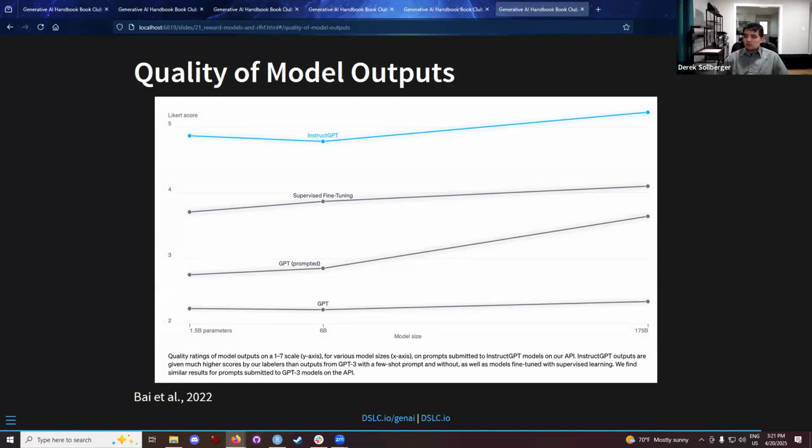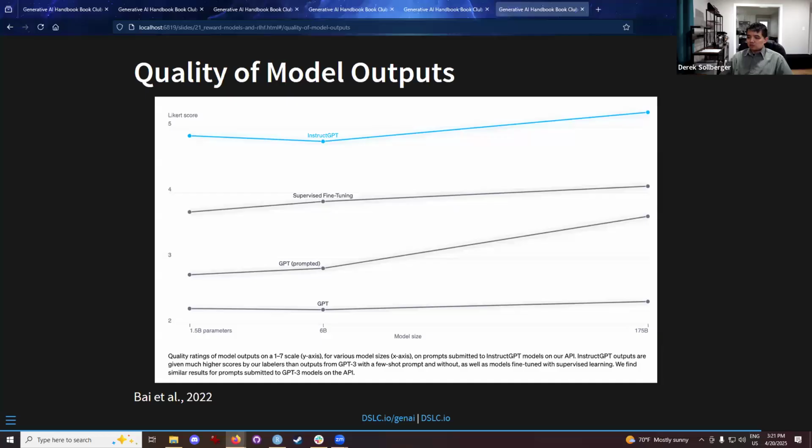Now, when we look at the quality of the model outputs, literally what the chatbot is telling the user, at the time of this research, about 2022, as you can see there in the bottom left, the responses on a Likert scale from 1 to 7, the GPT responses were still rating at around 2.25.